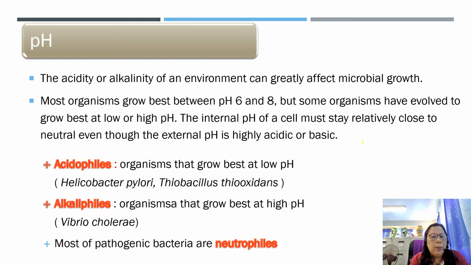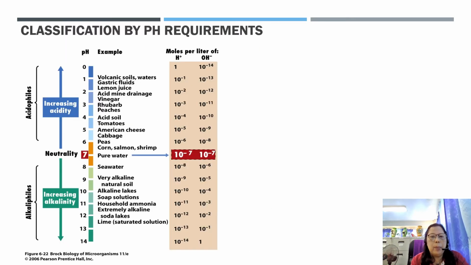The alkaliphiles are organisms that grow best at high pH, or basic, an example of which is Vibrio cholerae. And then you also have the neutrophiles. The neutrophiles live within pH 6 to 8, and usually most of them are pathogenic bacteria.